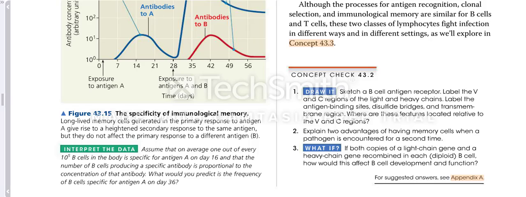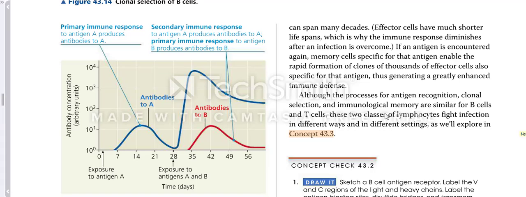Up in the graph we have an exposure to an antigen A, and you have the primary immune response here, which has a low concentration, in arbitrary units, of 10 antibodies. It's arbitrary, so say for 1 molecule of antigen A, you have 10 antibodies.